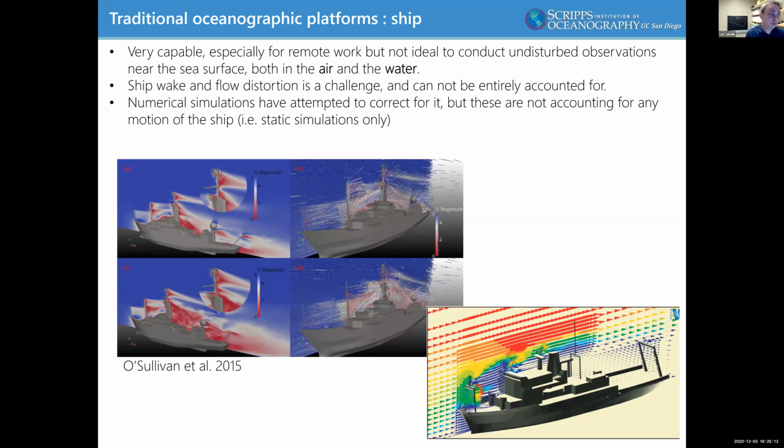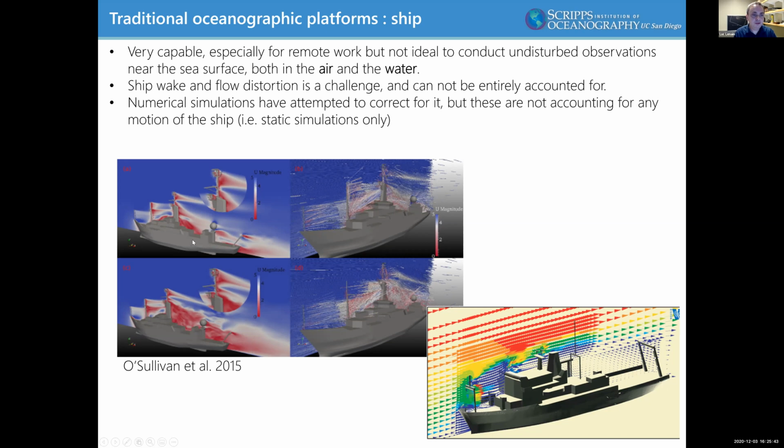And the simple reason for that is that the ship superstructure itself is so large that the flow around, both in the water and the air, around the ship is going to be contaminated by the ship itself. This is a challenge. A lot of people have been trying to handle this through numerical simulation and correction, but it's not really working well, or it's just not good enough.